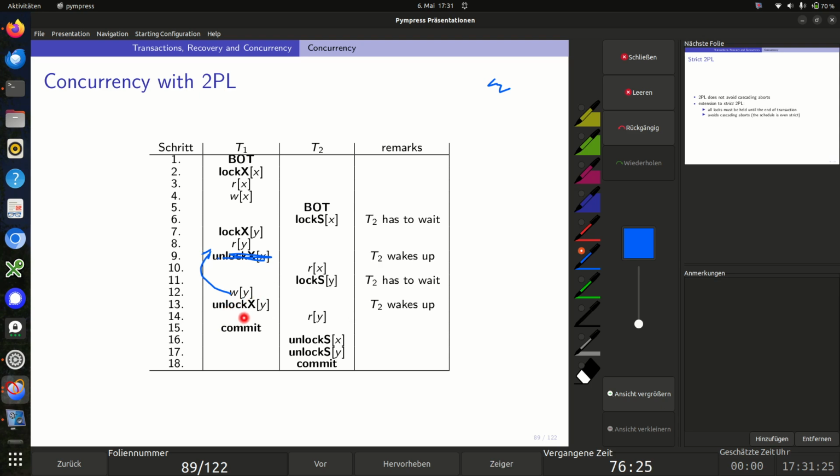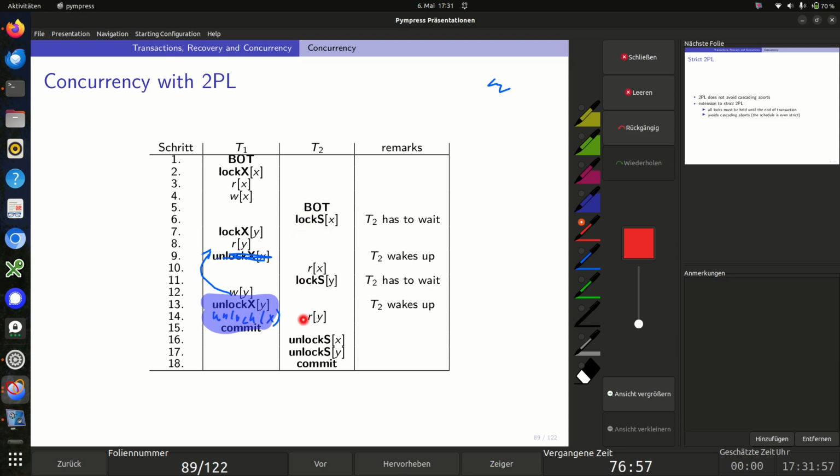Then we could have the unlock of X down here, and it doesn't matter because it's an atomic operation. The unlock of both would be atomic. So what would this mean for transaction 2? If the unlock of X happens here in step 14, transaction 2 cannot acquire the lock in step 6.